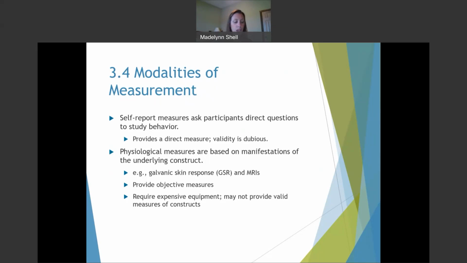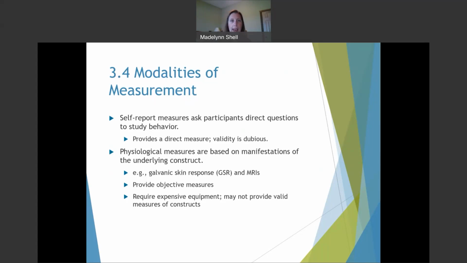Another strategy is physiological measures, which we think of as manifestations of the underlying construct. Things like skin response or brain activity provide us with objective measures that are reliable and accurate. But there are sometimes questions about the validity, right?